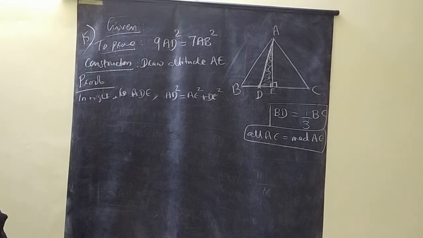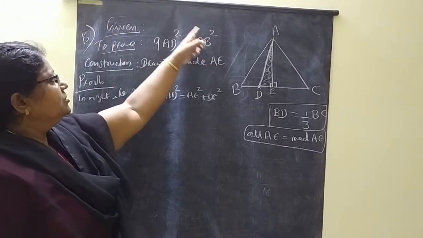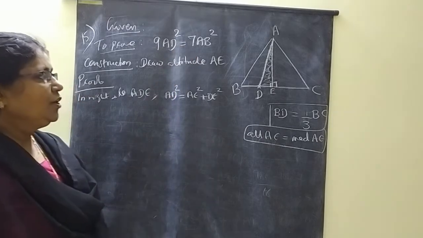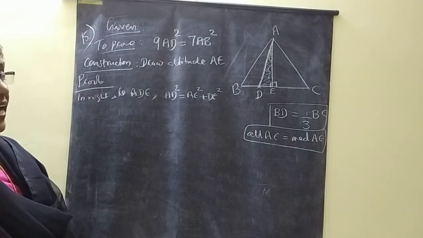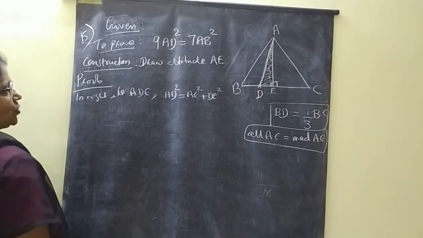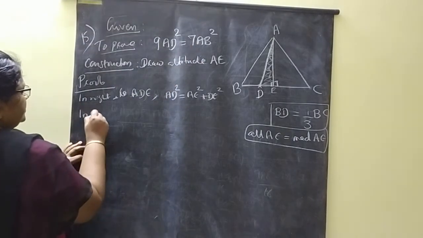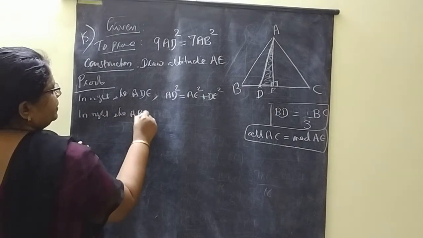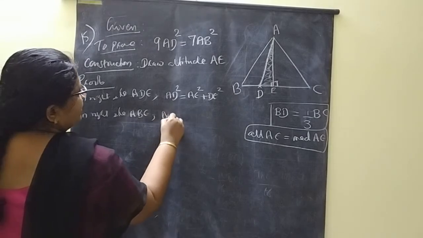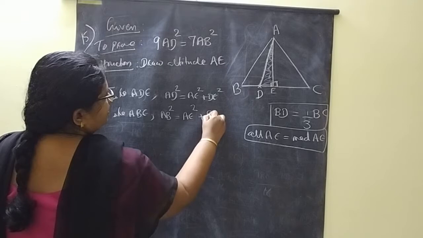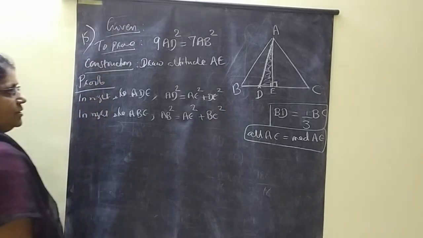In answer, this AE term is not there. So compulsory you have to remove that AE. But AB is also there in the term. So now we can take right triangle ABE. There you will get AB square is equal to AE square plus BE square.